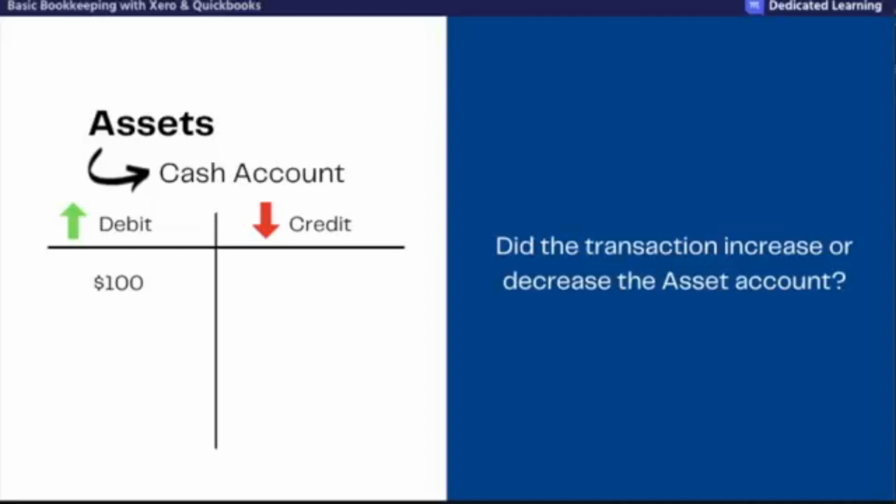So anything that increases the asset account will be marked as debit. And by the way, friends, usually the graph is positioned like this: debits are on the left column and credits are on the right column. So here we can see we're putting the $100 transaction under debits under the cash account.